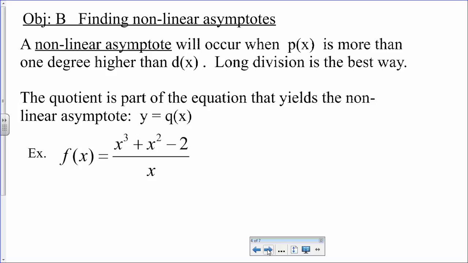We're going to do long division again to find the equation of that asymptote.